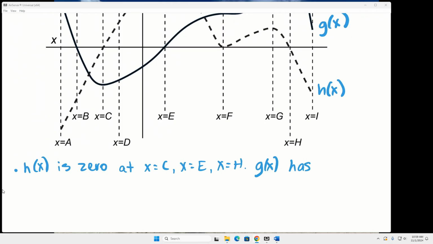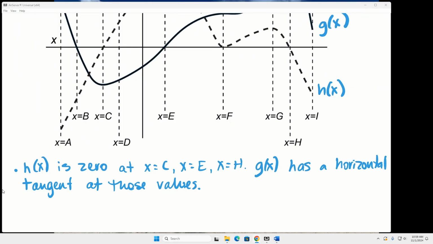I'm going to say it has a horizontal tangent there. So that's where the derivative is 0. So the derivative graph is 0.